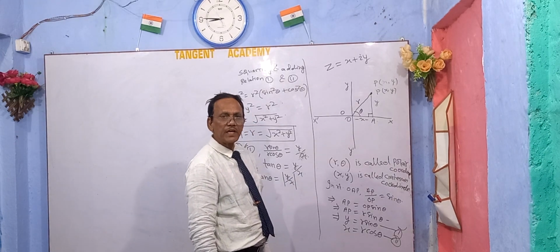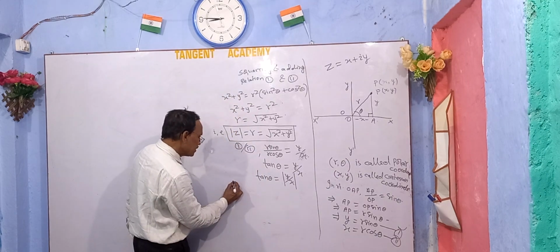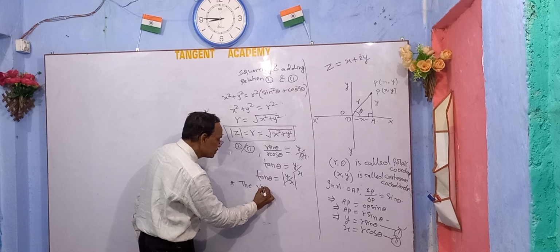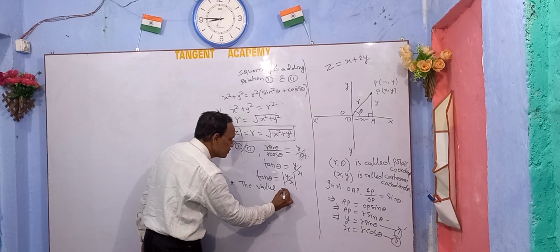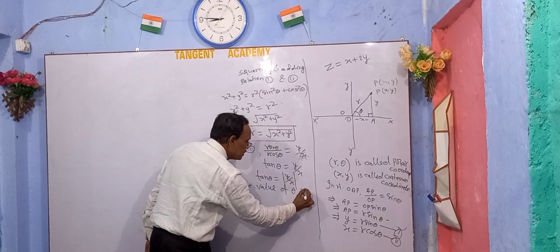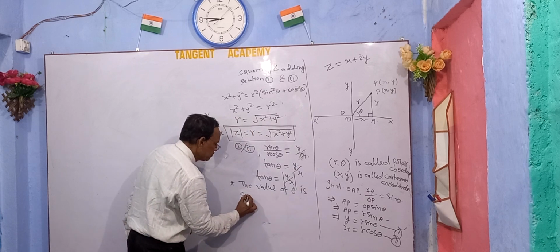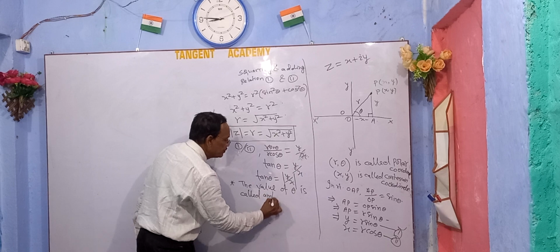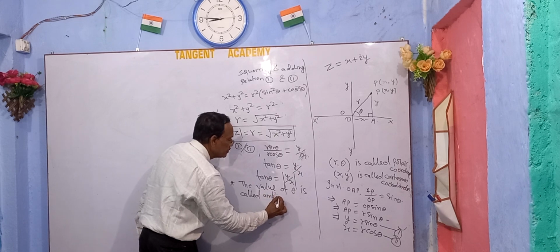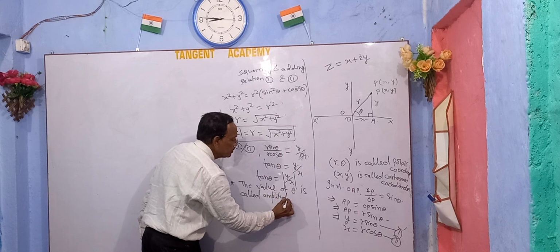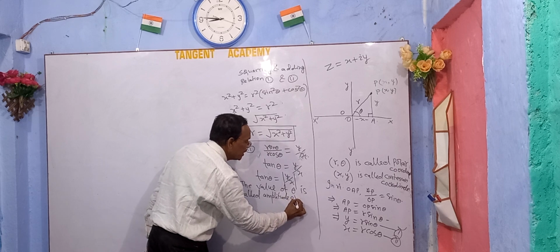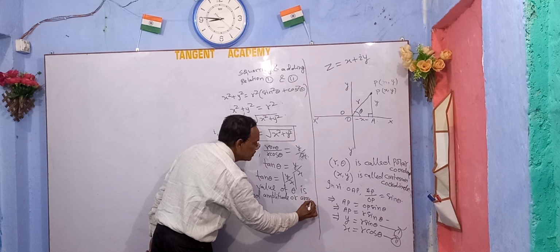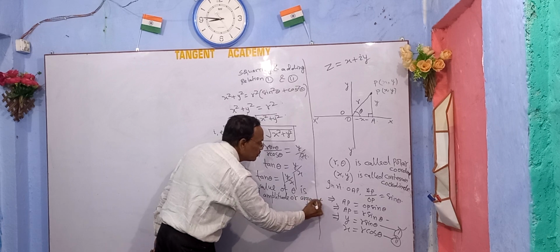The value of theta is called the amplitude or argument. Follow it?